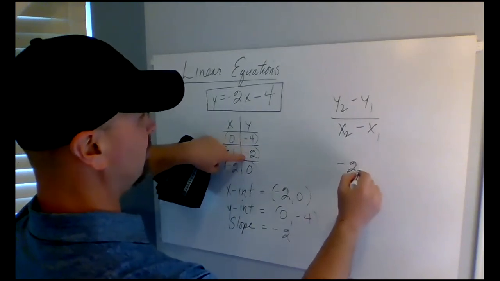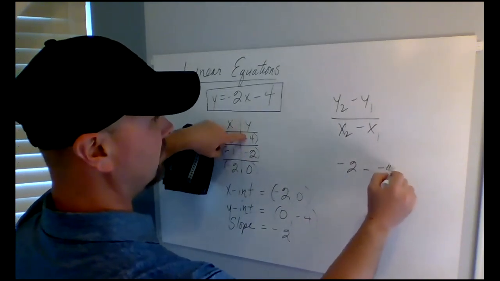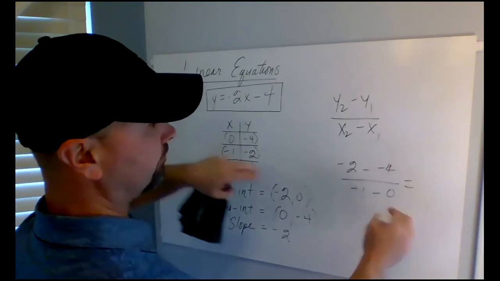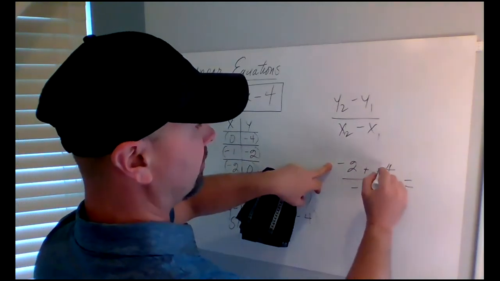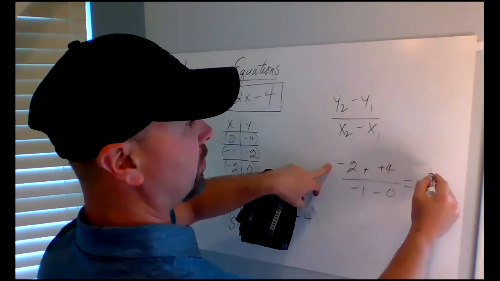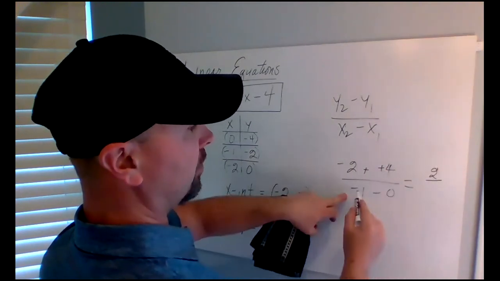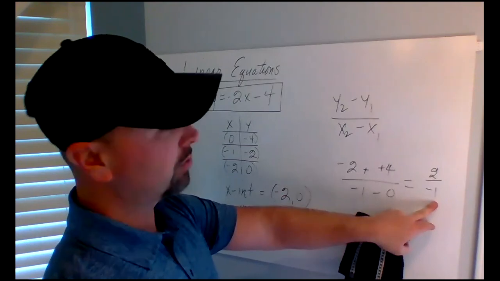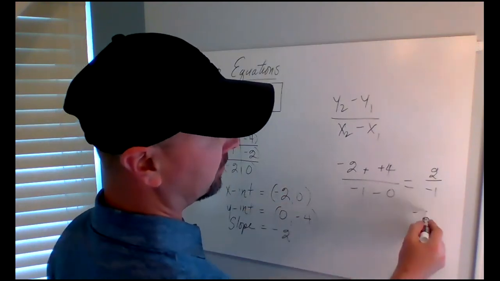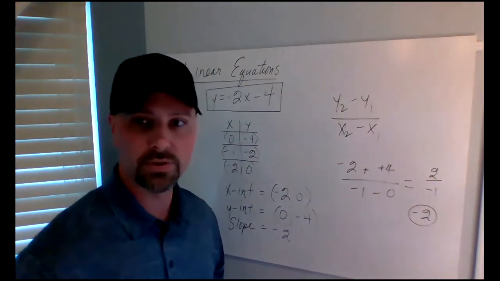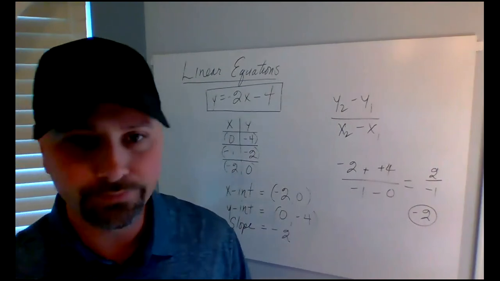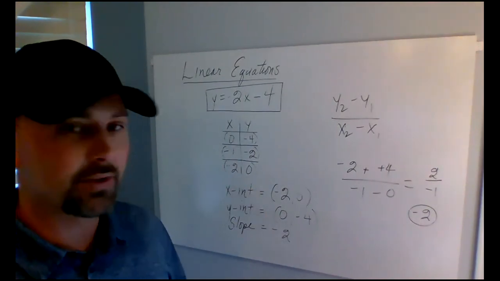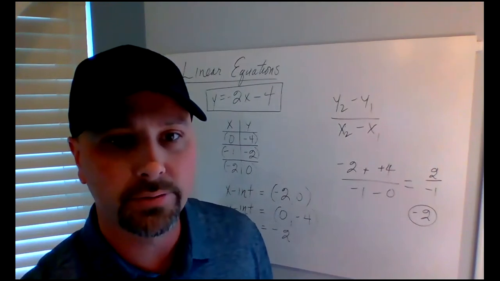So y2 minus y1 over x2 minus x1. -2 plus 4 is 2, over -1 minus 0 is -1. 2 divided by -1 equals -2. So same slope, just different ways of finding it: from the table, and the last one was from the graph.